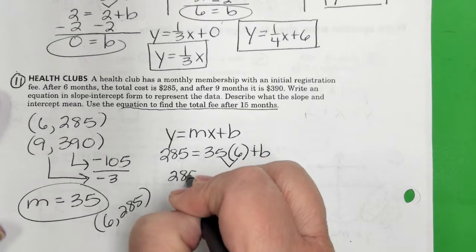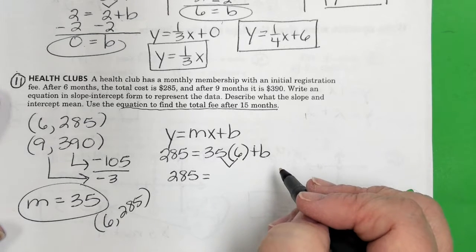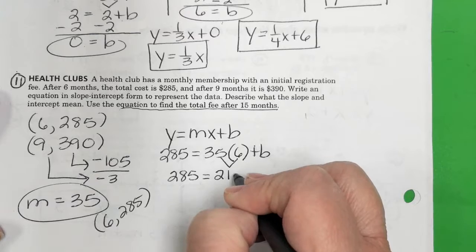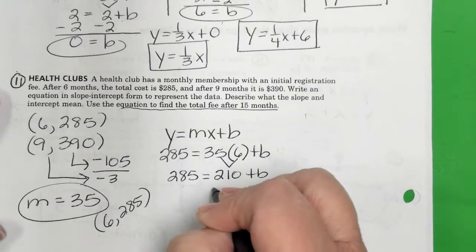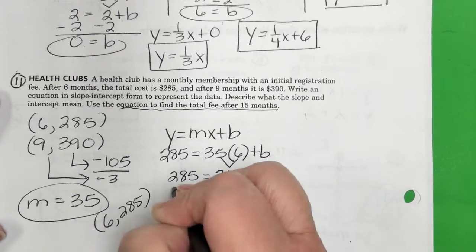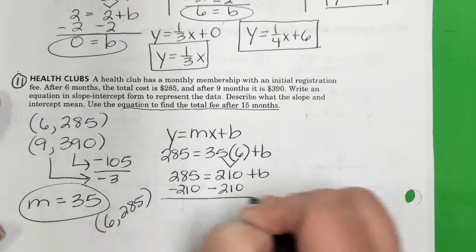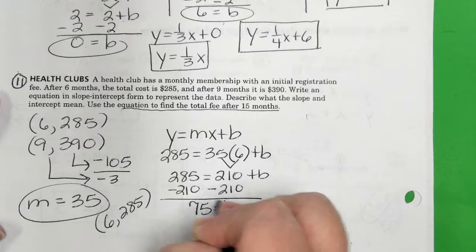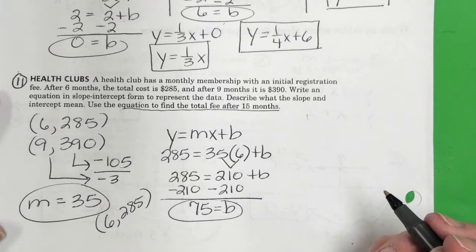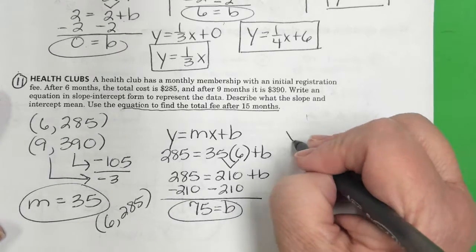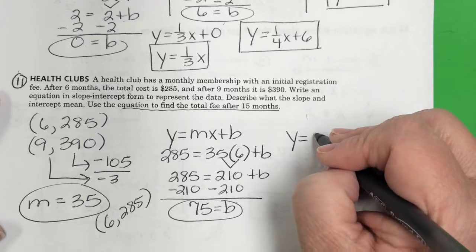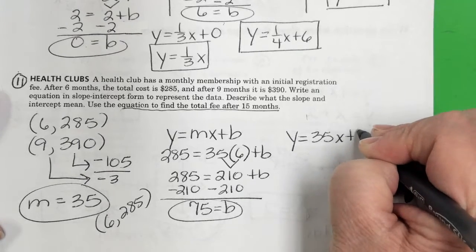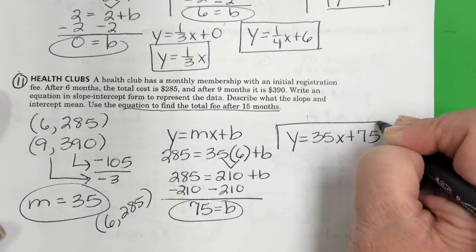We still have 285 on the left. 35 times 6 is 210. We're going to subtract 210 from both sides, and that gives us 75 equals b. That's the rest of what we need to write our equation. So y equals 35x plus 75. There's our equation.